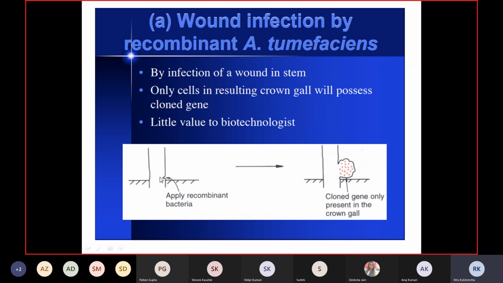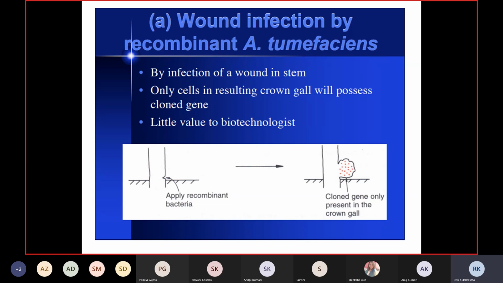So Agrobacterium will transfer the T-DNA here, and let's say I have not yet disarmed my Ti plasmid. So it will lead to the transfer of the cloned gene here, which will be present only in the plant cells that are part of the crown gall or the tumor, right? But this is not what I'm looking for.